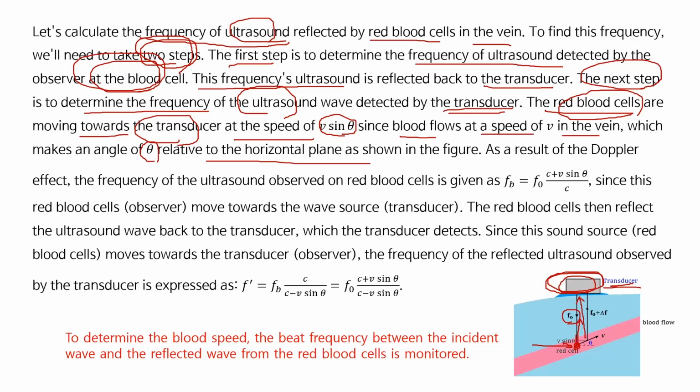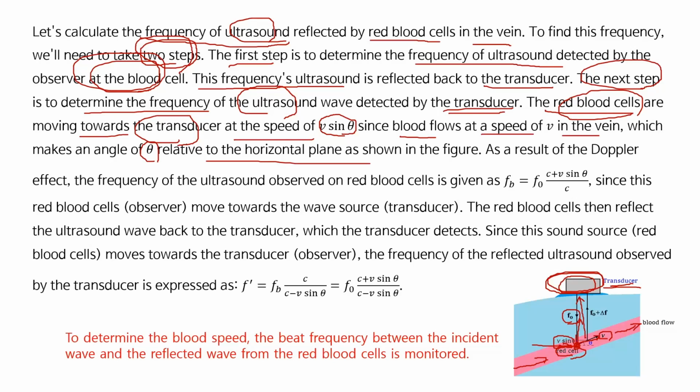So in the vein, the blood is flowing in this direction, and the speed of blood is v, and the red blood cell is also moving in this direction. So for this red blood cell, the velocity component toward the transducer is v sin theta. So this blood cell is approaching the transducer with the speed of v sin theta.